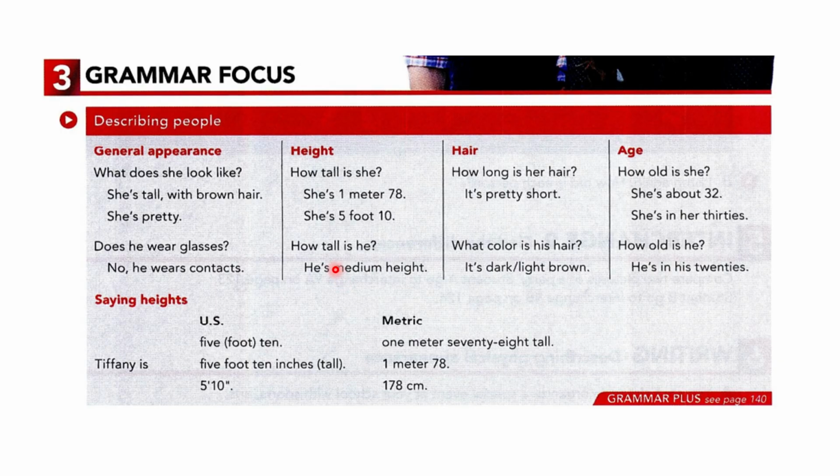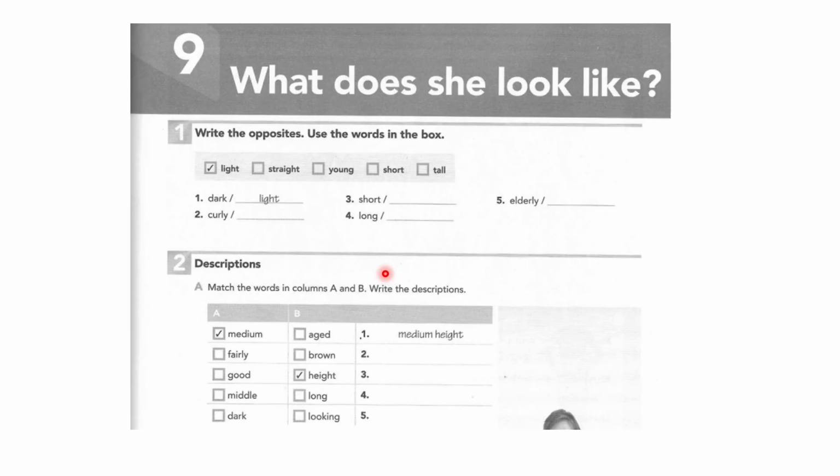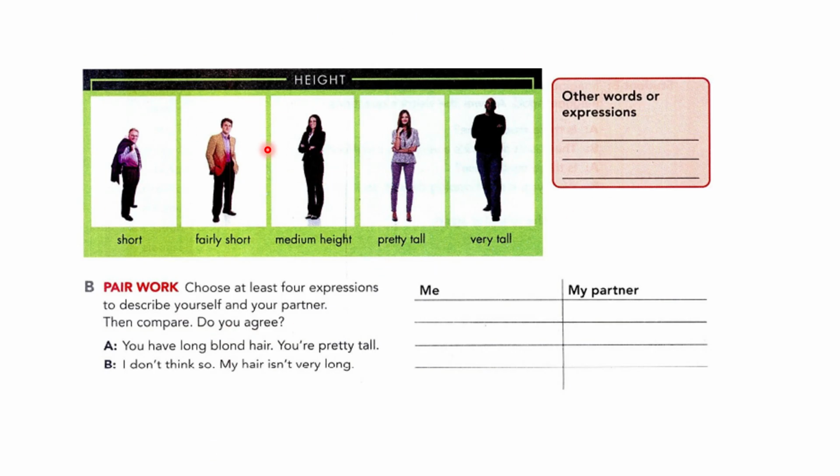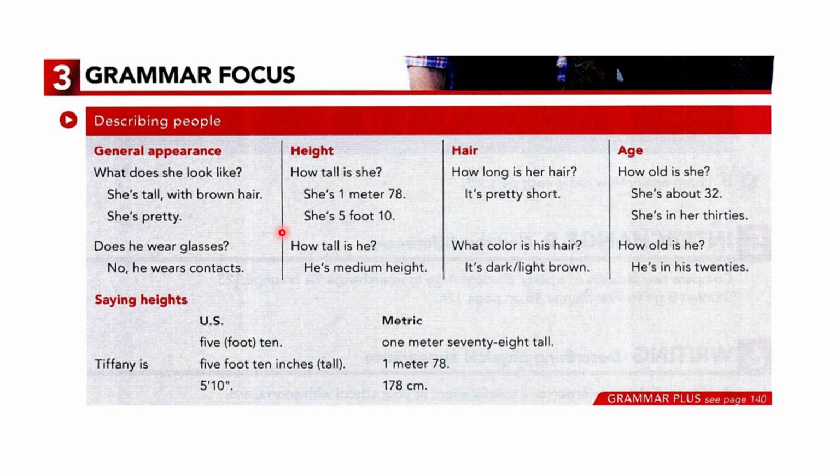Or he's very tall, or he is pretty tall, or he is fairly short. You know, those references are not specific, but they give the other person an idea of the height of that person, okay?